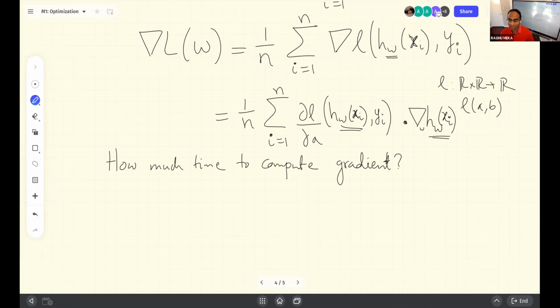Suppose there is an oracle which gives me the gradient of h_w of xi at any point. It's just a function, count that as a constant operation. How much time do I need to compute the gradient of the overall loss function? N queries, that would be. Depends on the type of the inner functions times n.